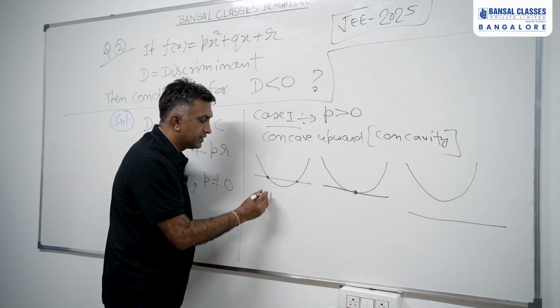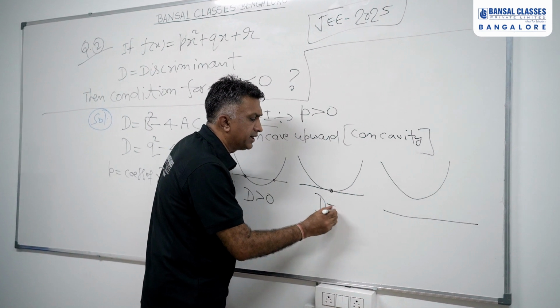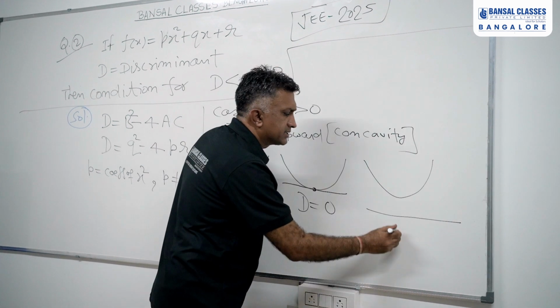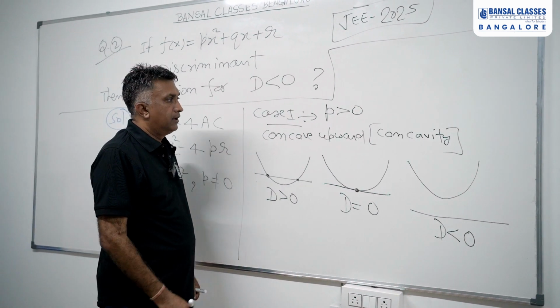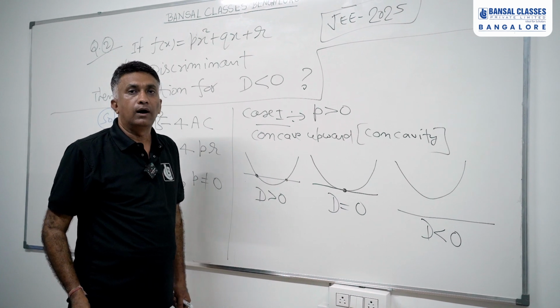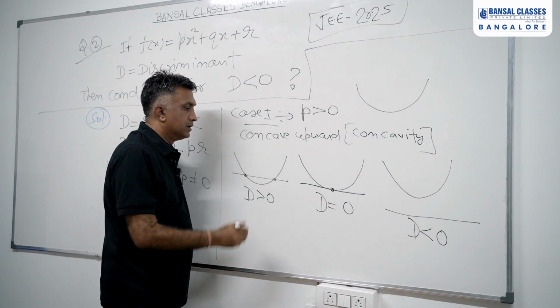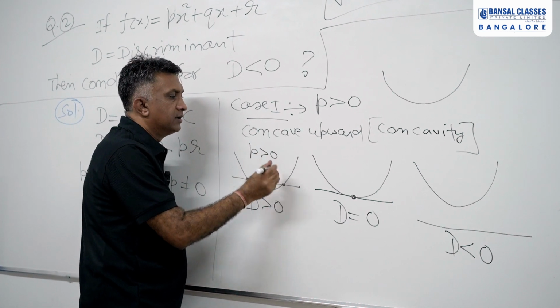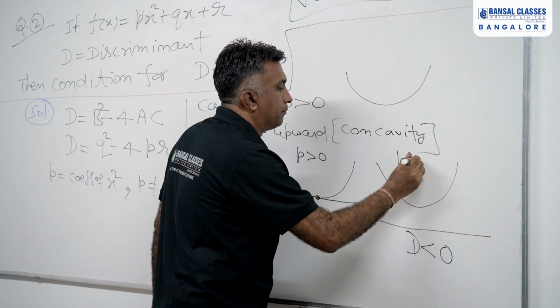In this case, discriminant greater than 0. In this case, discriminant equal to 0. In this case, discriminant less than 0. I told you earlier, when p is positive, then the graph will be like this.